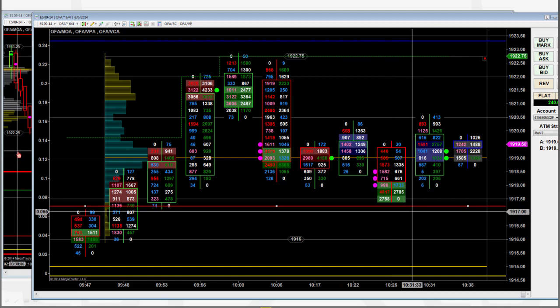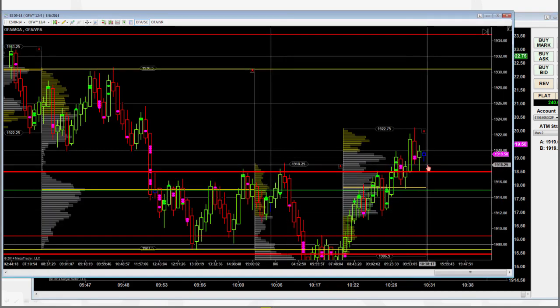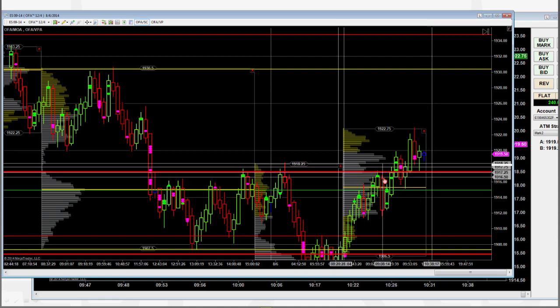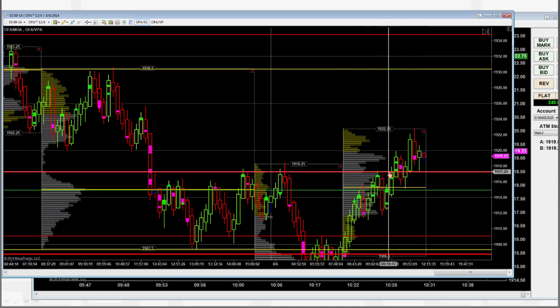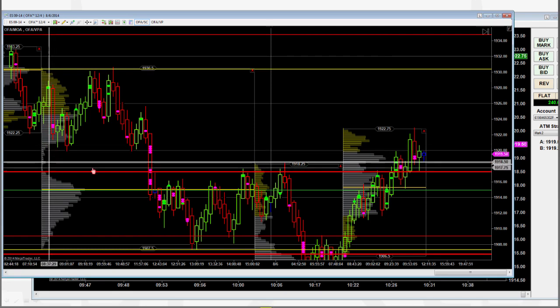It's also the bottom of this low volume area from yesterday. It's where sellers started picking up and pushing through. It's where we had rejection in the overnight and yesterday. That's where it bounced off of.